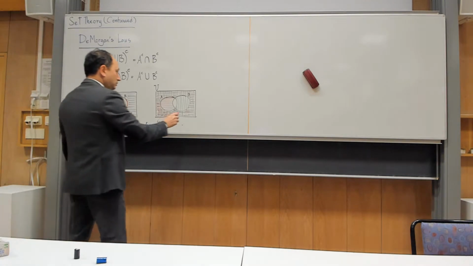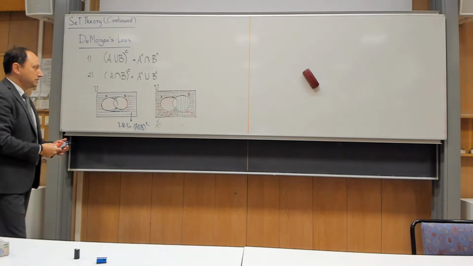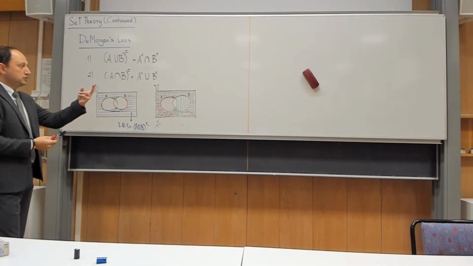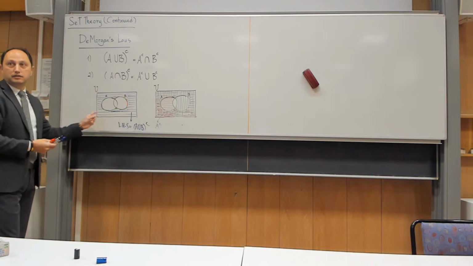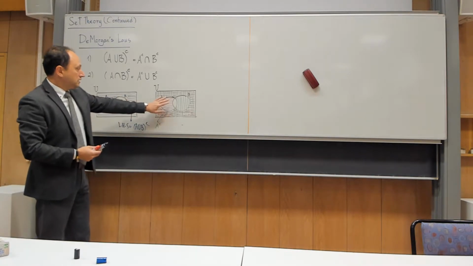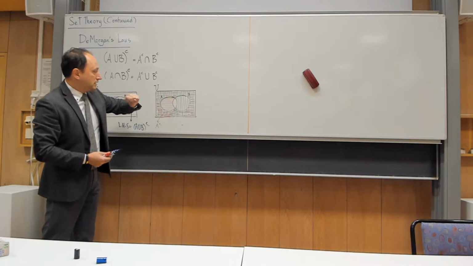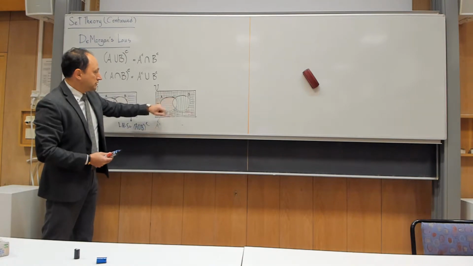Can you convince yourself that the areas colored with two different colors are exactly this area? Is that clear? This one is just one color, so I have to exclude that. This one has no colors in it.